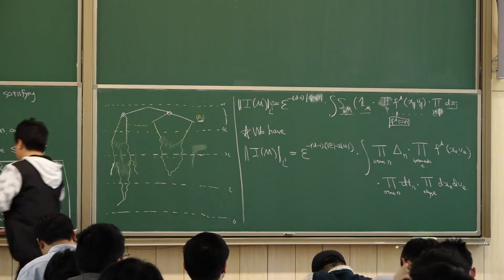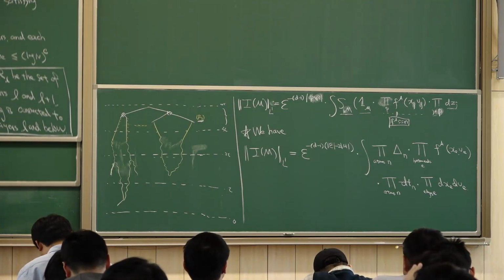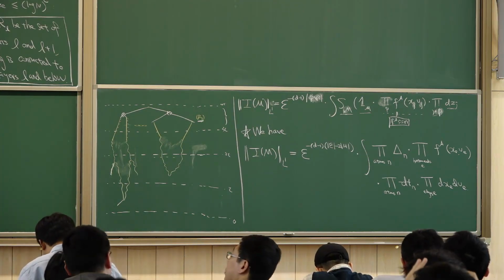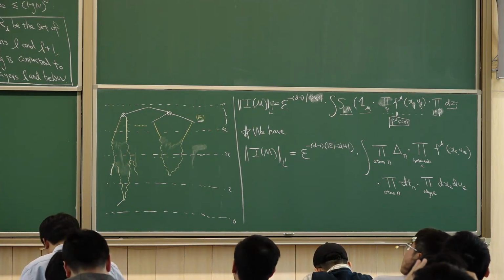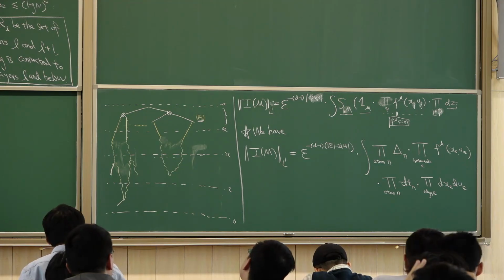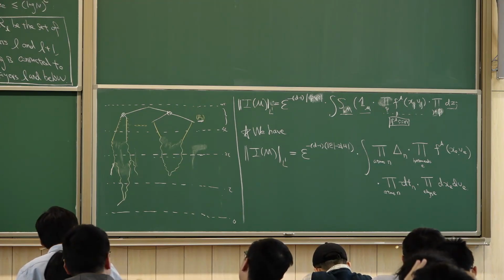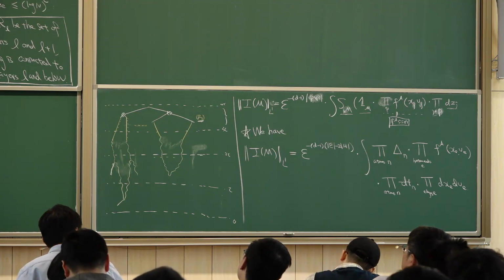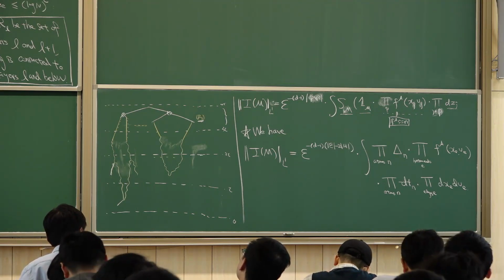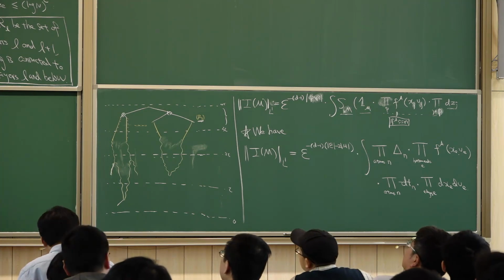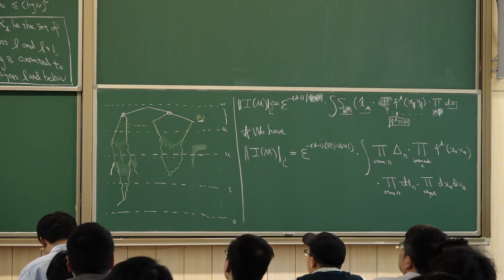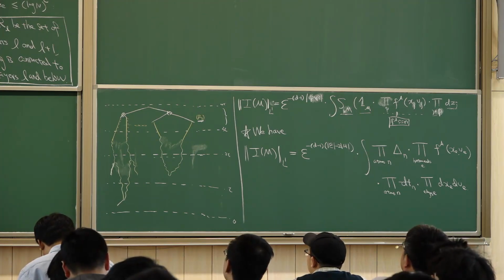So first of all, E is the set of all edges in the molecule M. Remember, a molecule has these edges, which include the bonds connecting two atoms, and the ends, which just go freely from one atom.